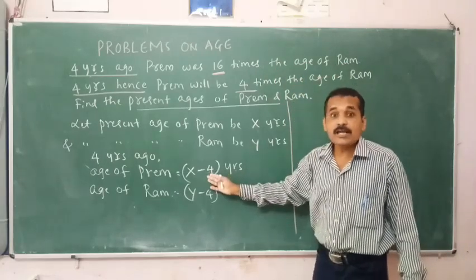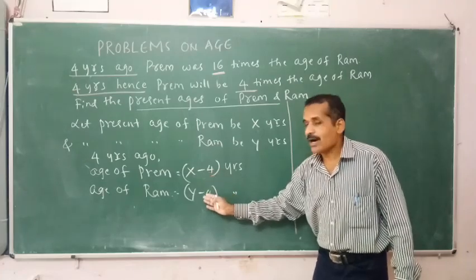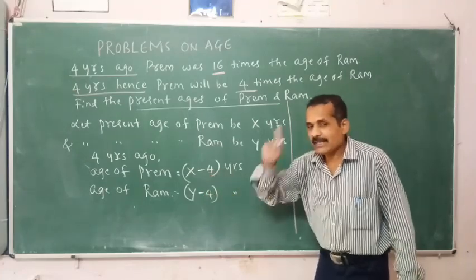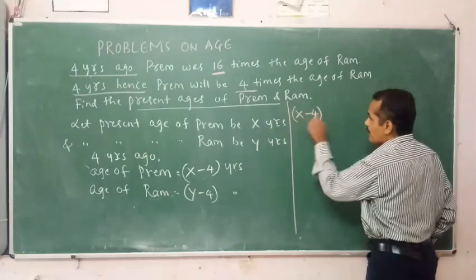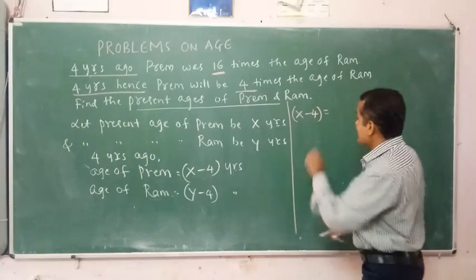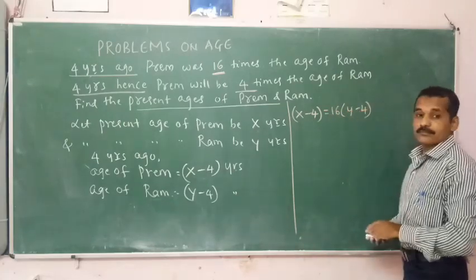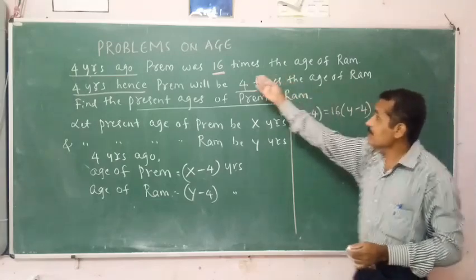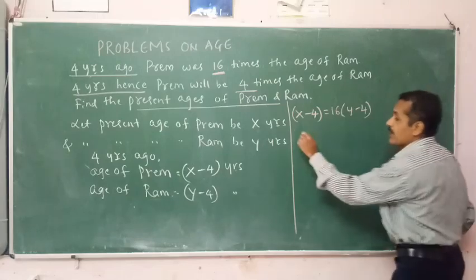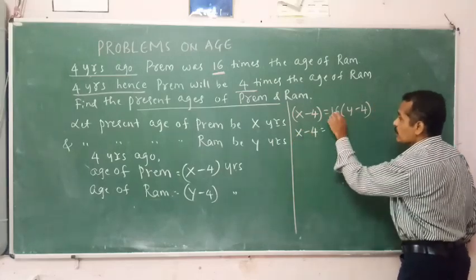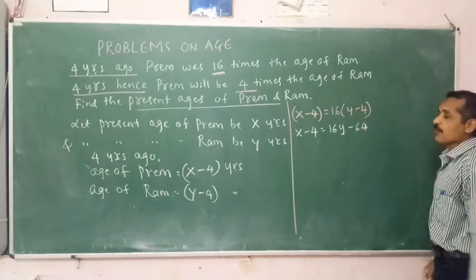Don't multiply 16 to him. Multiply to Ram. When it is less, then you have to multiply. I can say x minus 4 is equals to 16 times of y minus 4. It is 16 times because it's given that Prem was 16 times more, so I have multiplied to Ram. x minus 4 is equals to 16y minus 64.